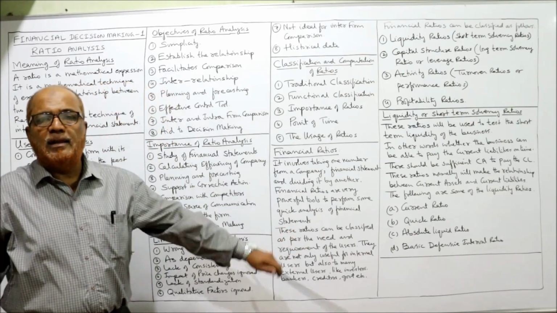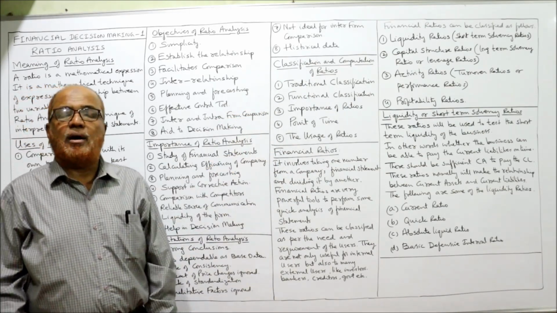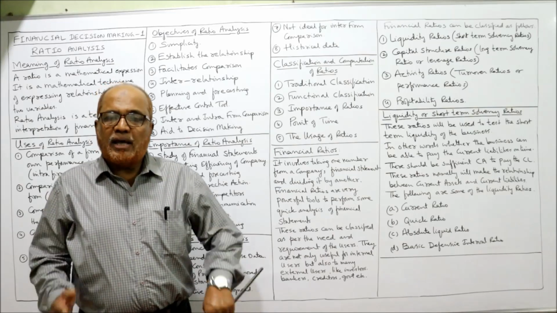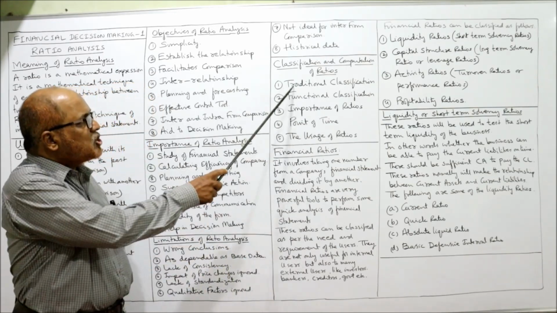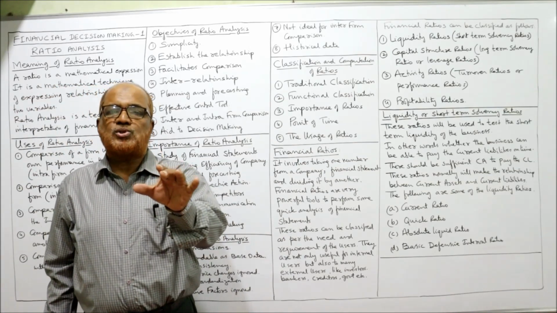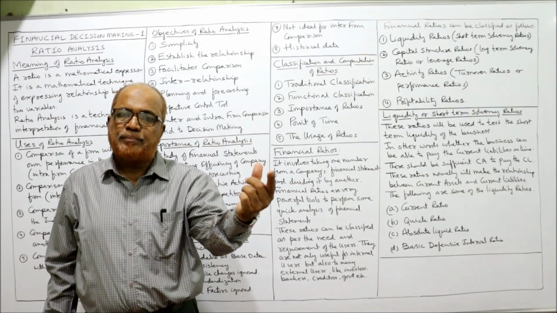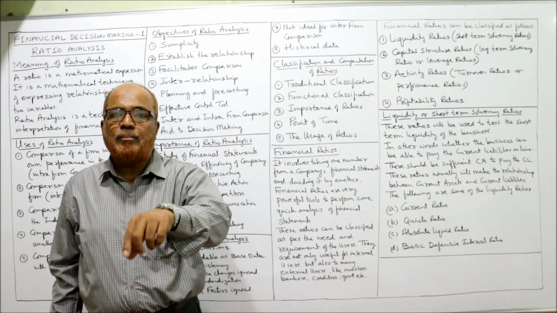So these are the limitations of ratio analysis. Now, classification and computation of ratios. The ratios are classified on different bases. First of all, traditional classification. According to traditional classification, ratios can be calculated either from profit and loss statement, or from balance sheet, or from both.